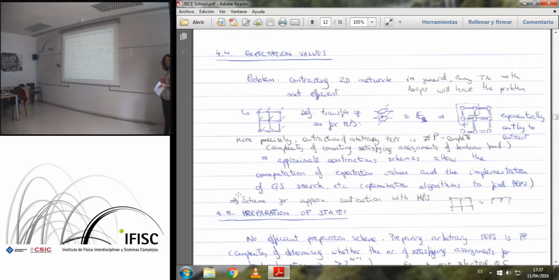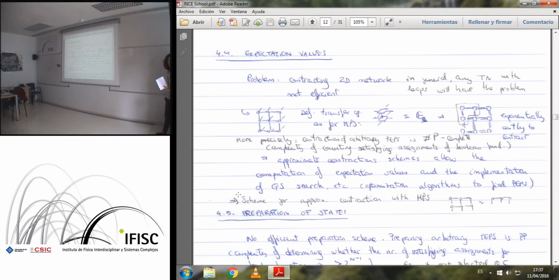Roughly speaking, NP complete is about some very difficult problem, saying whether there is a solution or not, and Sharp-P is telling how many solutions there are. So it just tells you that contracting PEPs in a generic, arbitrary case is very hard, so you are not going to be able to do it exactly.